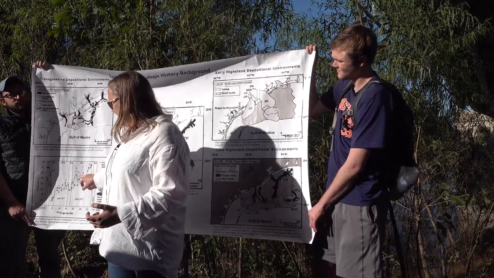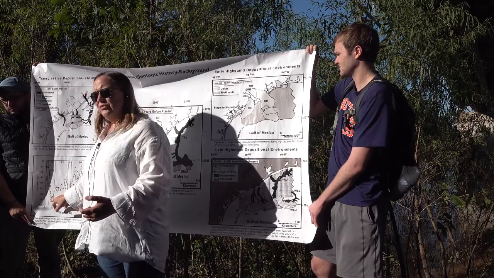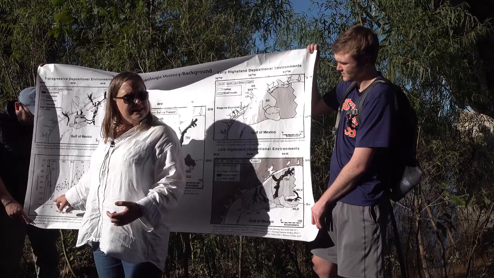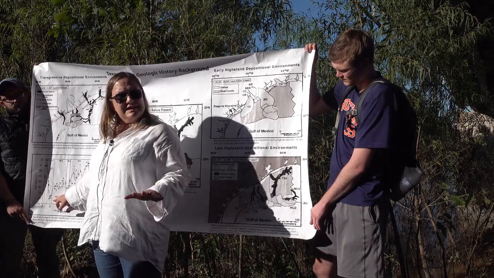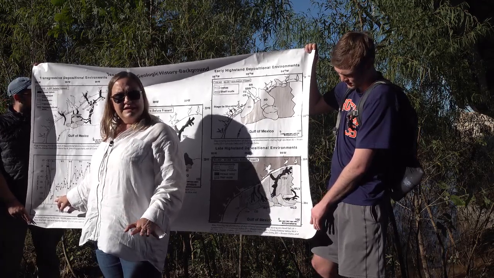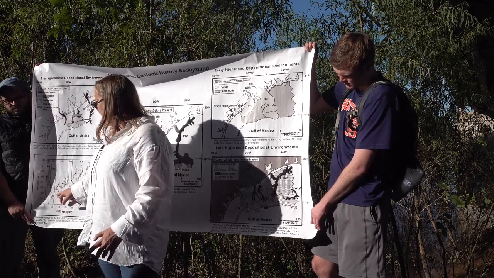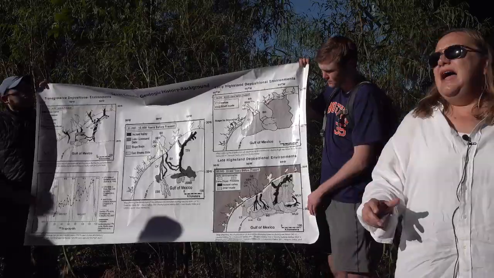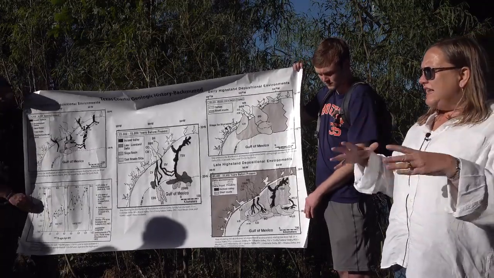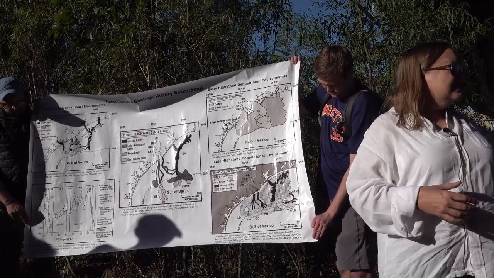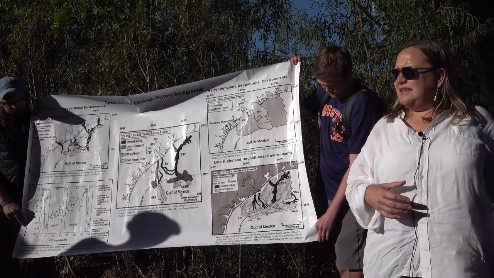Over about 100,000 years, sea level fell. It reached minus 120 meters, meaning it was significantly lower than it is today. And over the last 20,000 years, sea level has risen. As sea level has risen and fallen over time, the Brazos River has responded.